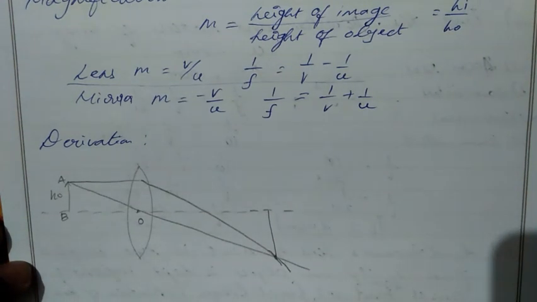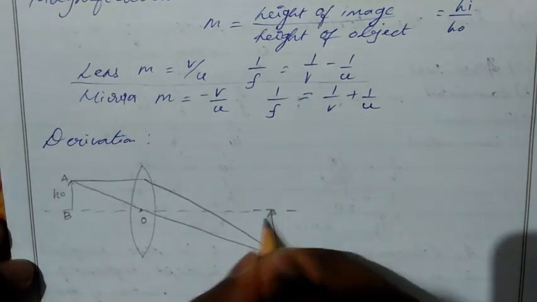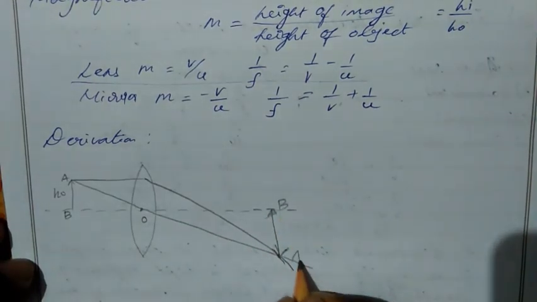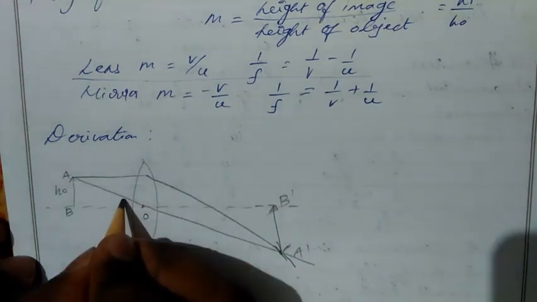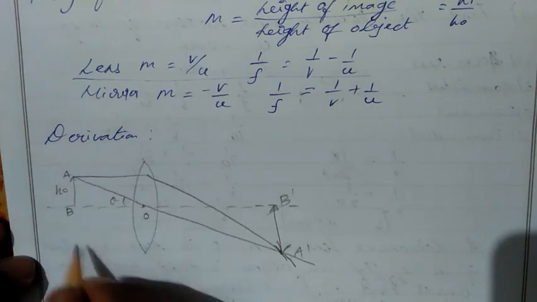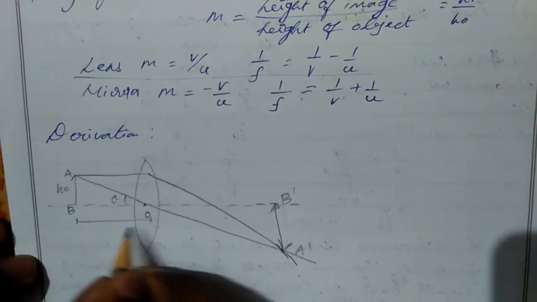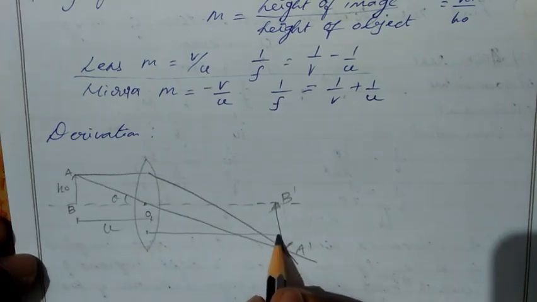This image is formed inverted, B dash A dash. Here it creates an angle theta. This distance is known as object distance U, and this distance is known as image distance V.